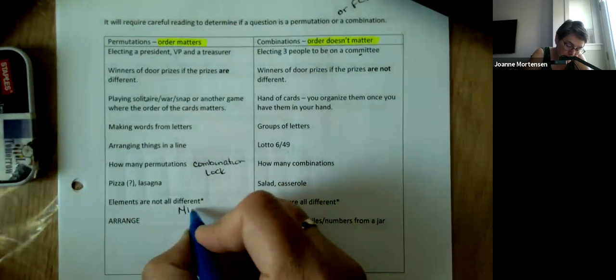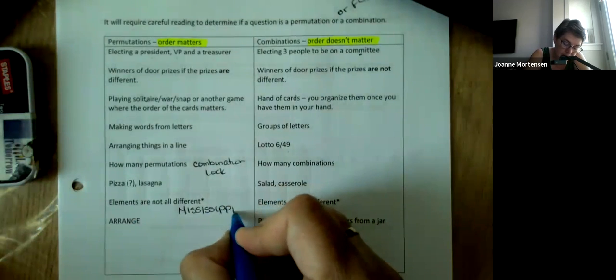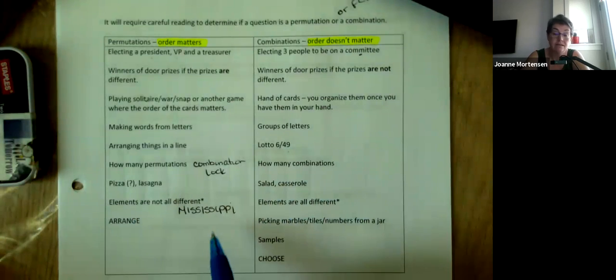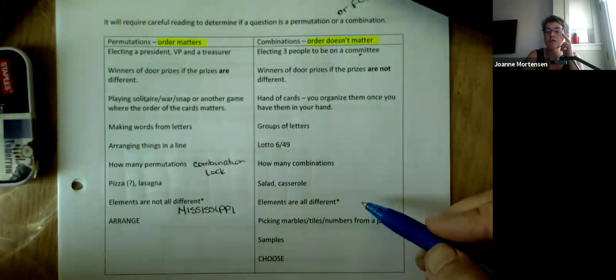When you get repeats, remember, there's going to be one guaranteed, and that has a special formula. For combinations, I can't think of a situation where you're going to have repeating elements.